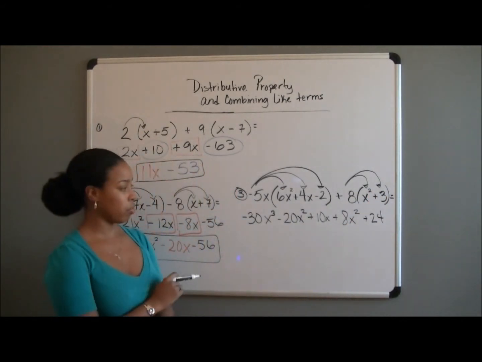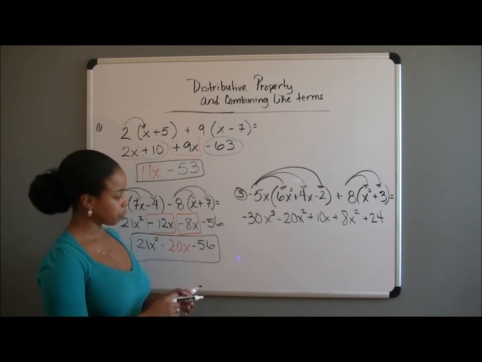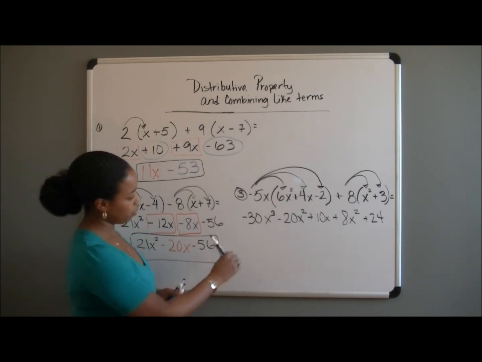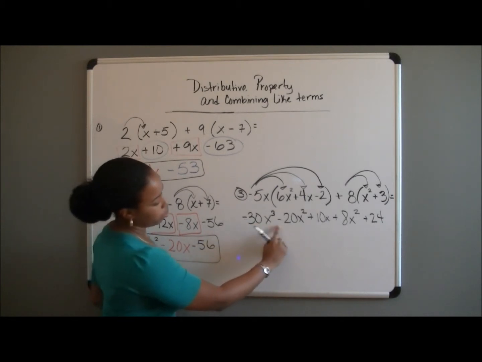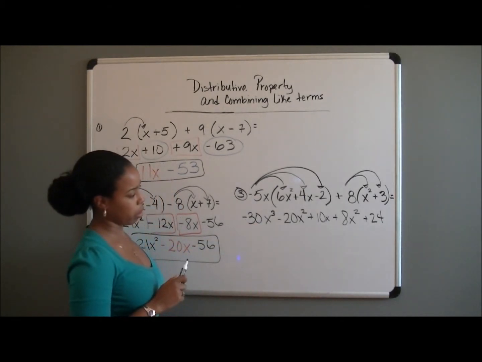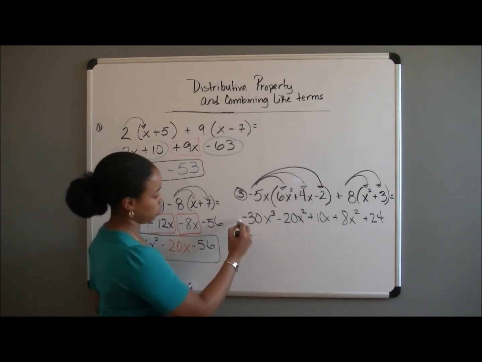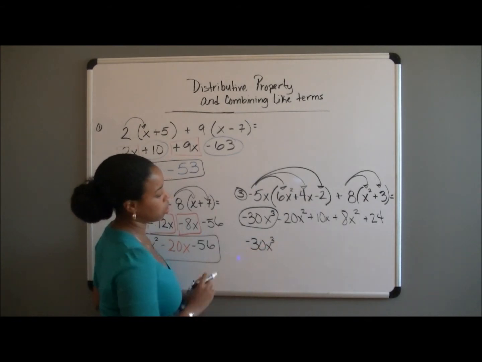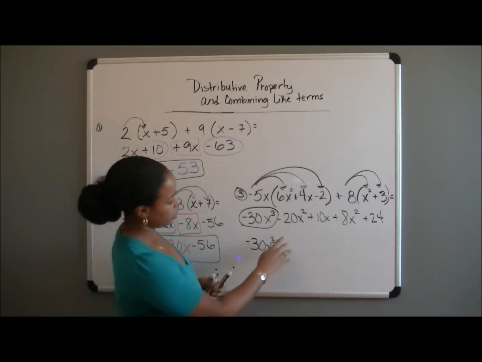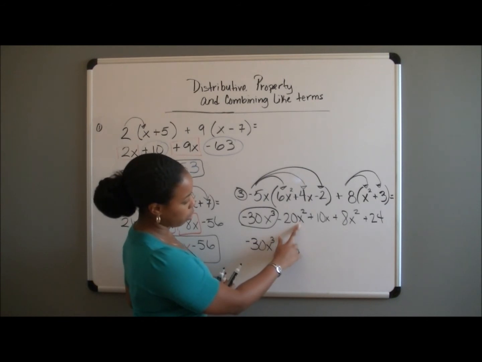Now let's look to see if there's anything we can combine. We have this term here that has x to the power of 3. No other terms have x to the power of 3, so this one will stand alone. This one will be by itself, so we have negative 30x cubed. Now we have negative 20x squared.